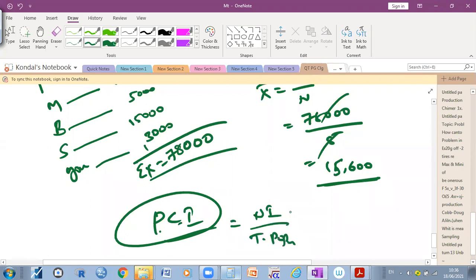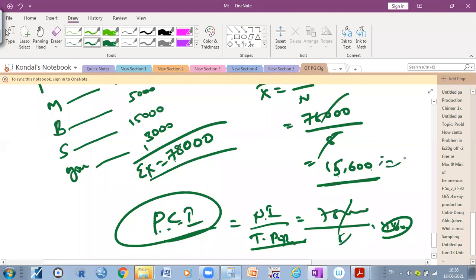For example, your family income of 78,000 by a population of 5 gives 15,600, right? Like that, per capita income. In your home the per capita income is 15,600. Have you understood?